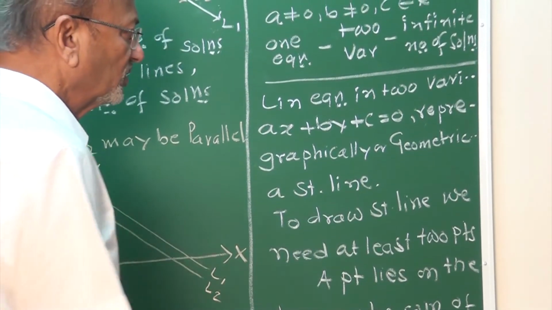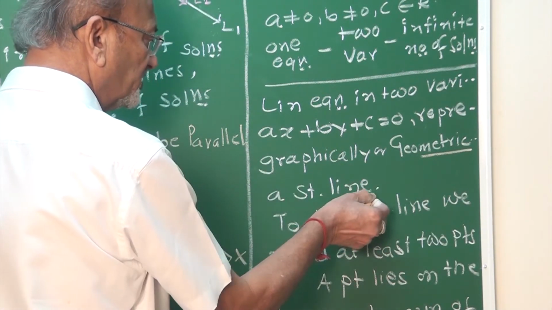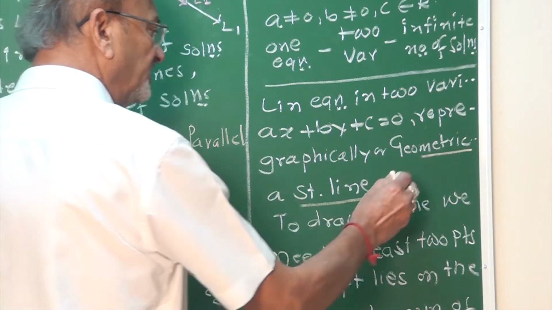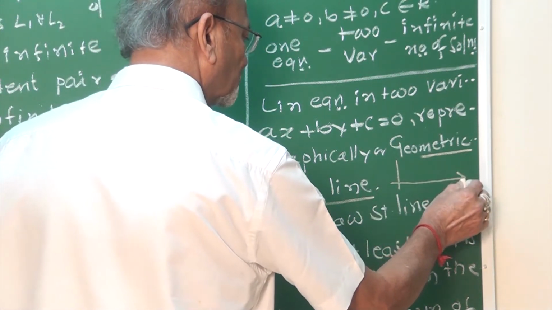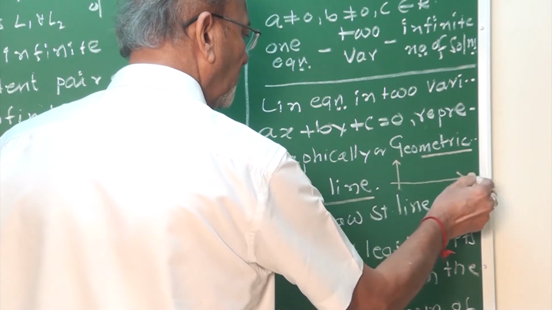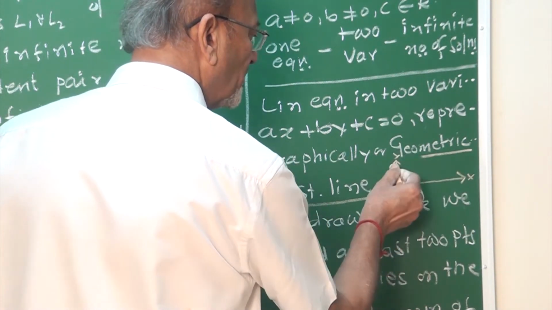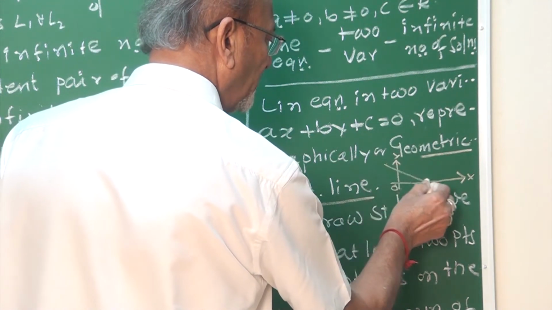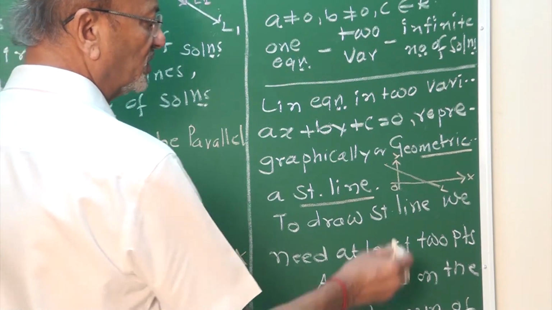This is very important, my friends. Graphically or geometrically, it represents a straight line like this, my friends. If this is a coordinate axis, this is the x-axis, this is the origin, this is y. My friends, this is your line L. What is your observation, my friends?